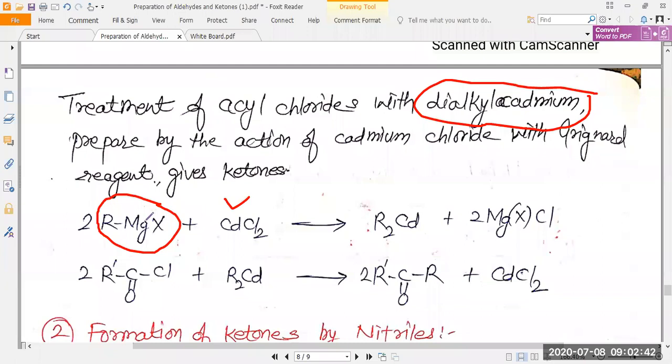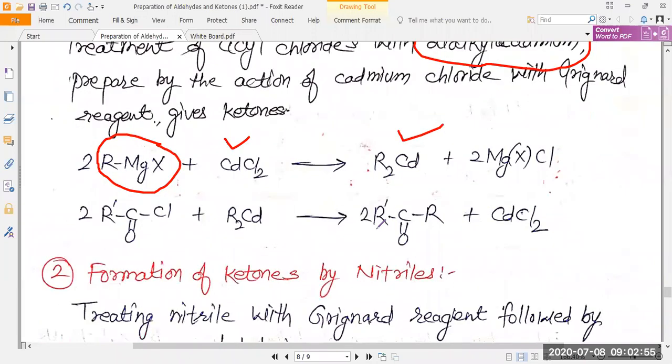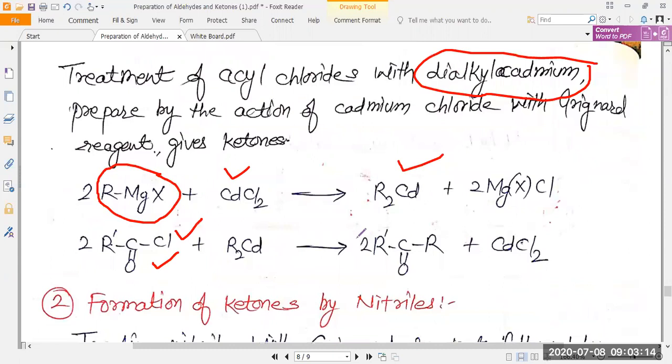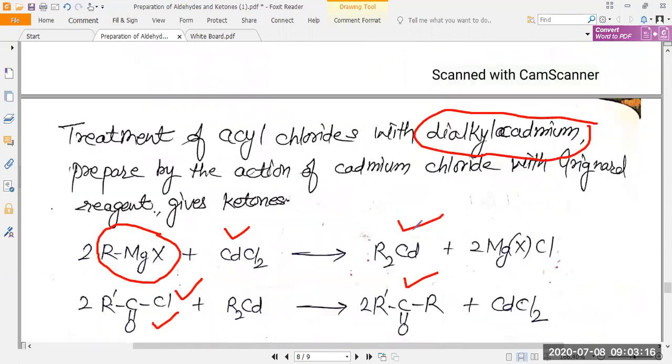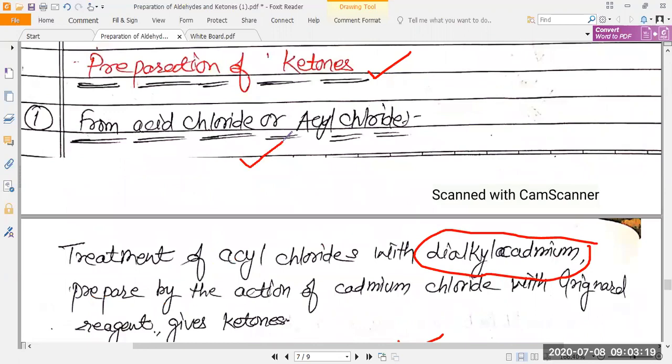So we react Grignard reagent with cadmium chloride, and we get a compound, dialkyl cadmium. Again, when we react acyl chloride or acid chloride with dialkyl cadmium, we get the compound ketone. This is again a very important reaction for the formation of ketones.